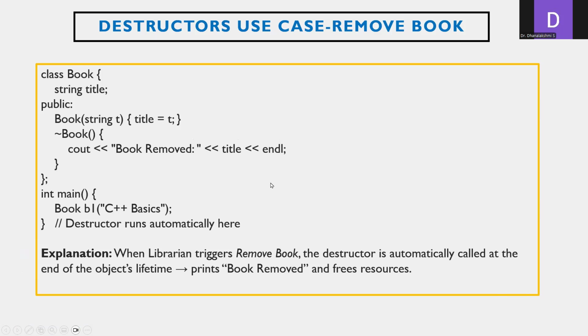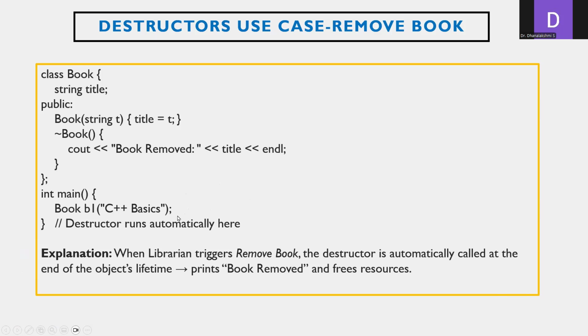Coming to the destructor part, you can identify it by the tilde symbol before the name. It has no parameters and no return type. The destructor runs automatically when the object is destroyed, that is, when it goes out of scope or the program ends. So whenever an object of the class book is deleted, the destructor runs automatically and tells us which book was removed.